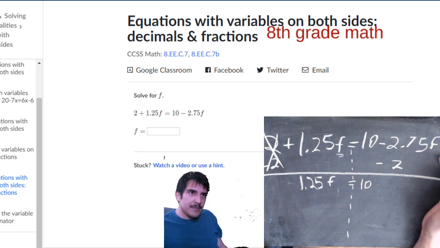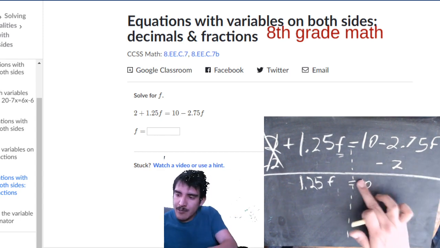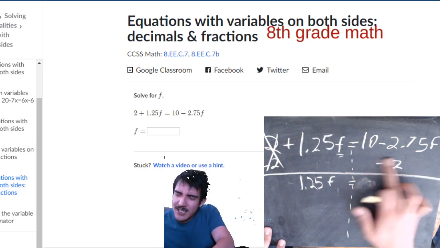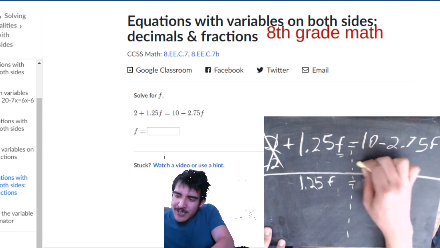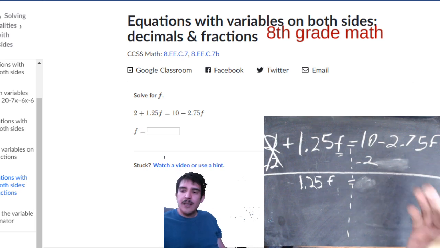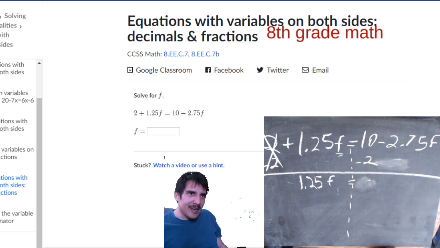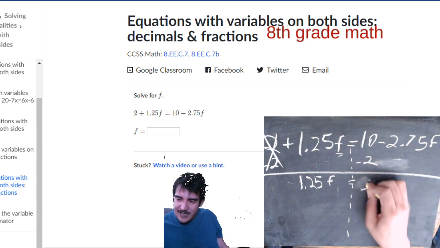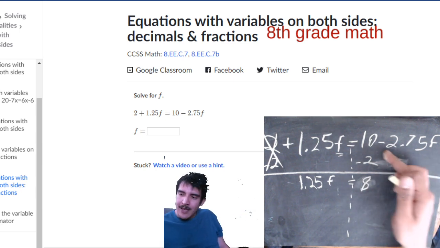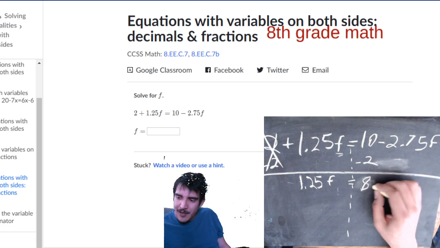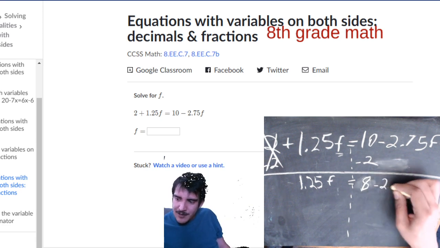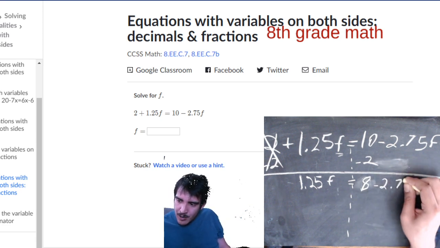And then, whoa, pause, rewind. Guys, I did this wrong. The -2 should go here. 10 can be combined with that -2. I almost made a grave mistake there. 10 minus 2, 8, very simple. And then minus 2.75 f, that can just get brought down on its own because there's no other f.